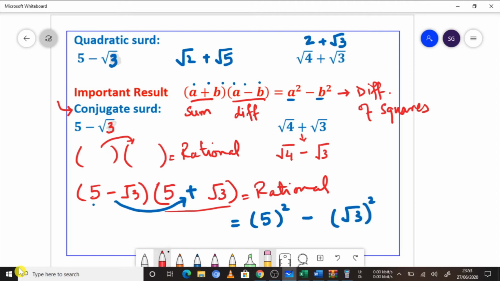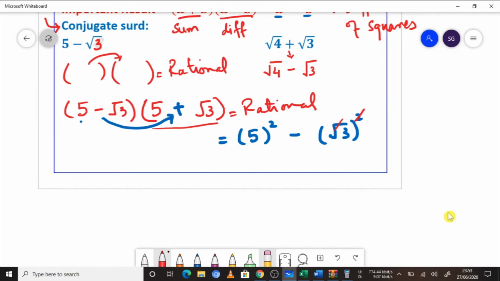As you know, square and square root are reciprocal powers, so they cancel out. The square of 5 is 25. So that's 25 minus 3, that is 22.